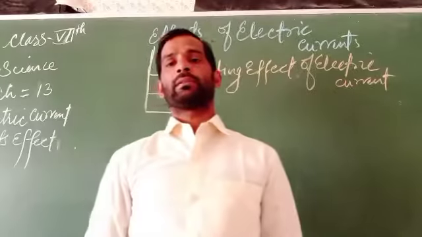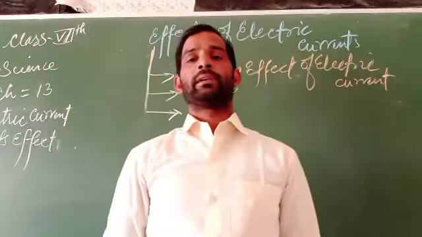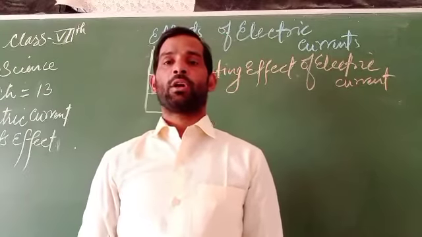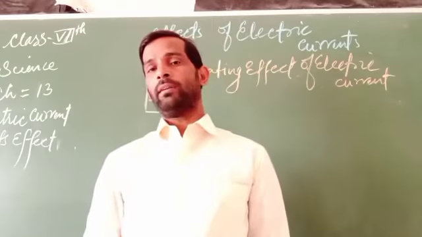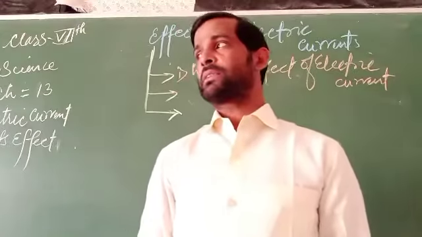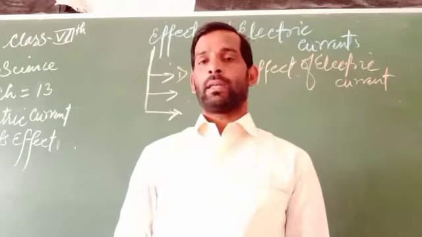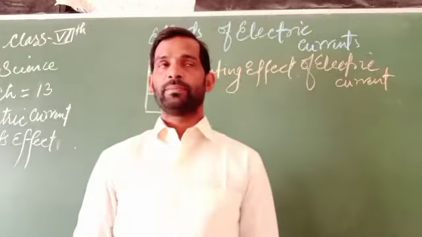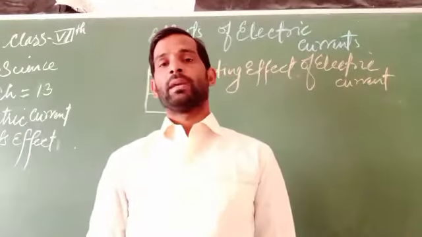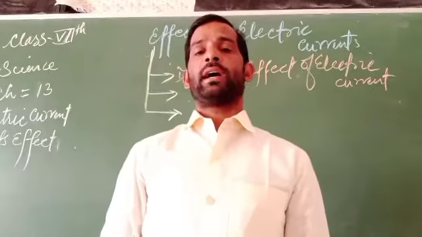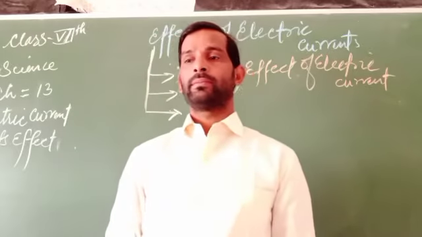For the conclusion, he found that an electric current flowing in a particular object behaves like a magnet. Suppose an object gets charged by electric current continuously, then it behaves like a magnet.